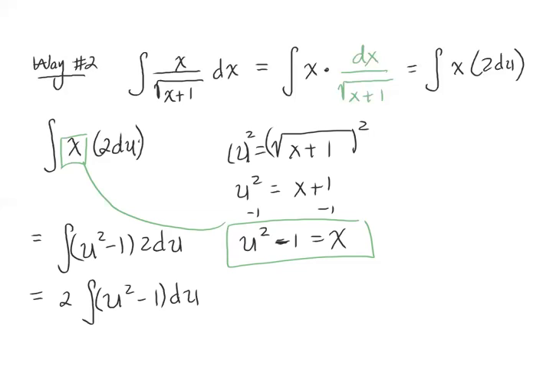Okay, now after all that work, can I integrate? Well, it looks like this function is in the form that I have a rule for. I know how to find the antiderivative of that.